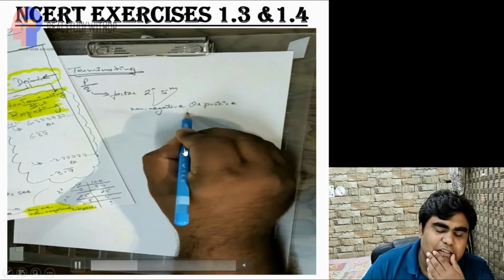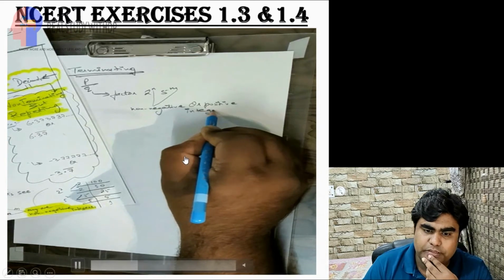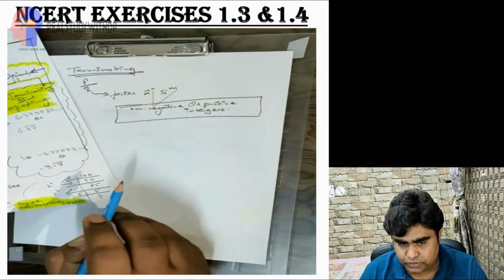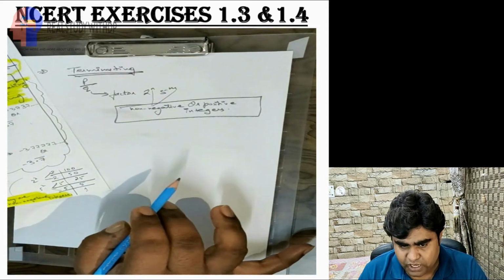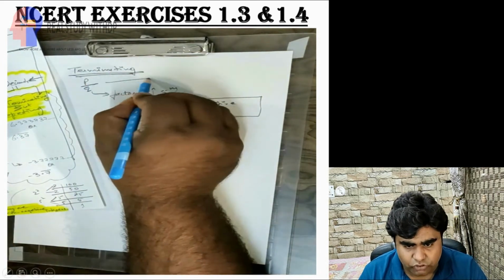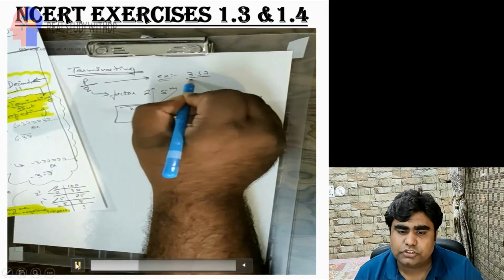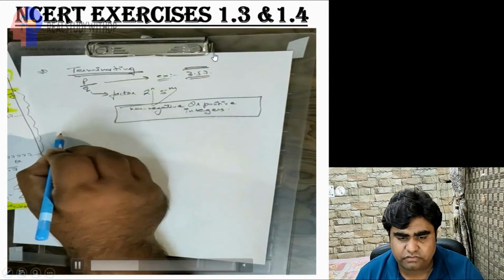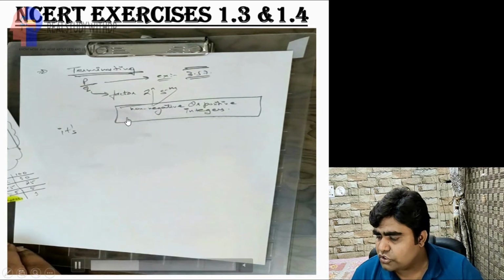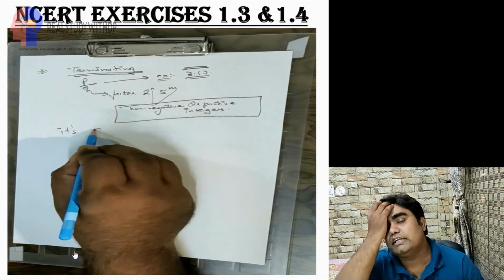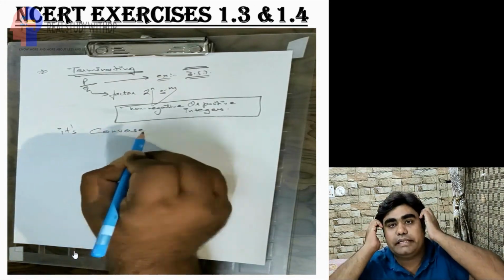One thing must also be kept in mind: the converse of this property is also true. We are going to look into that too. Let me tell you about the converse part of this property.